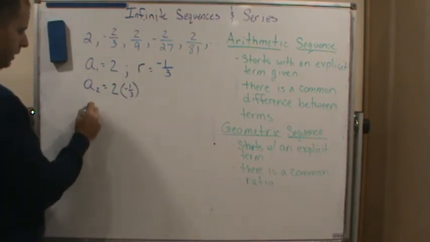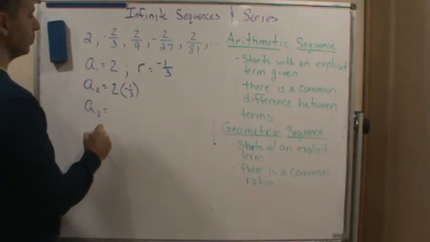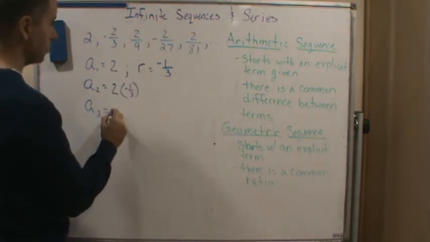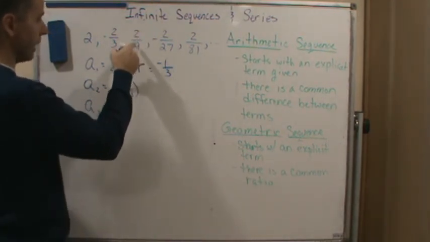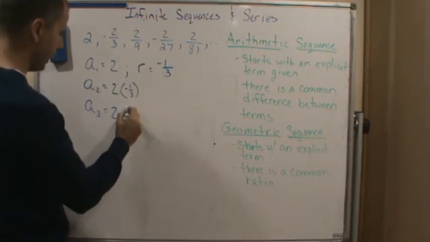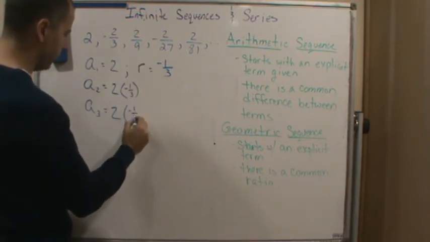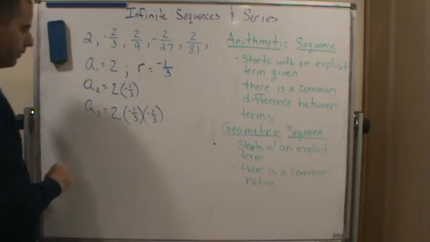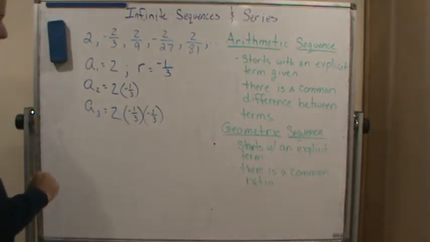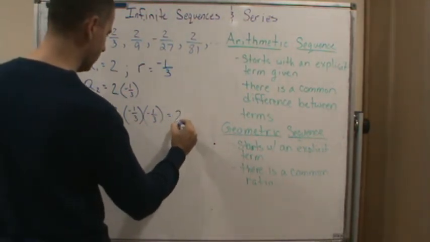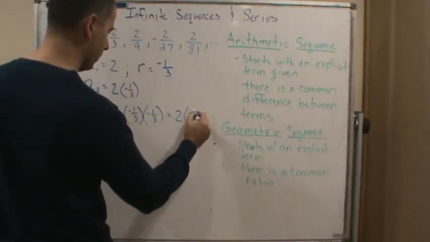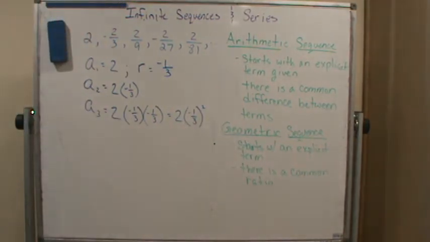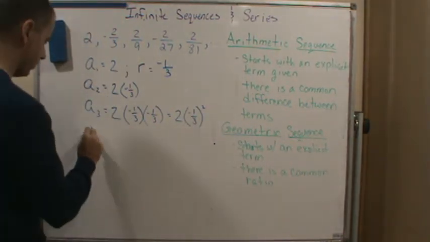And then a sub 3 is going to be 2 times 1/9. Well, what's 1/9? That's negative 1/3 times negative 1/3, which is equal to 2 times negative 1/3 squared.